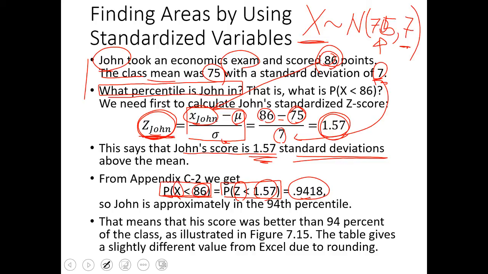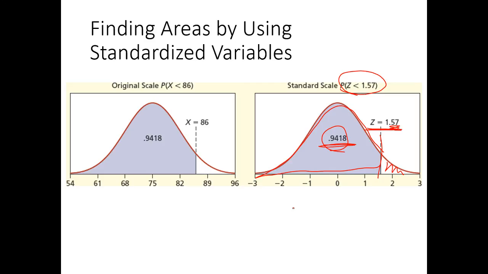So John is approximately in the 95th percentile. We can use the normal distribution in this way.